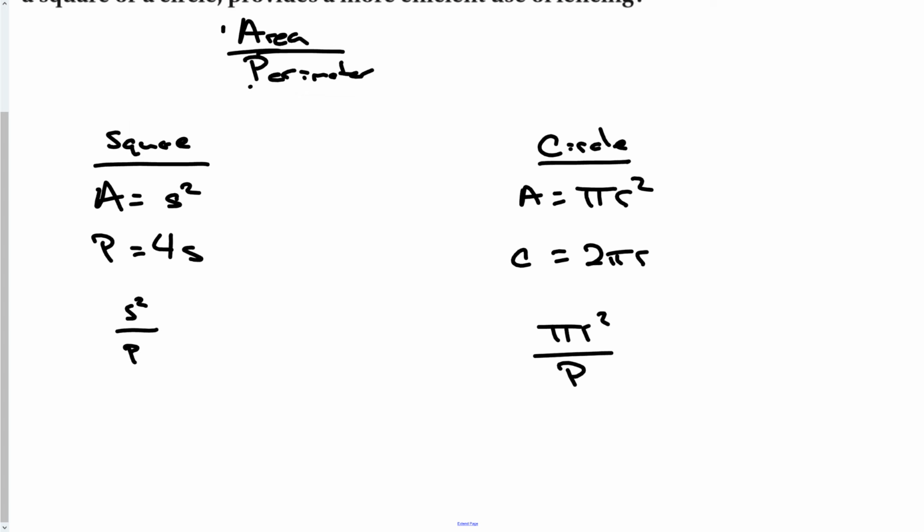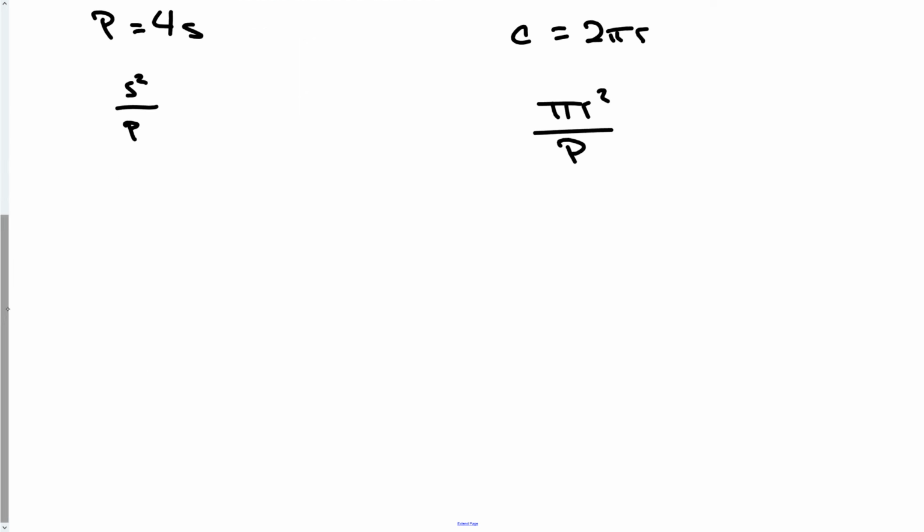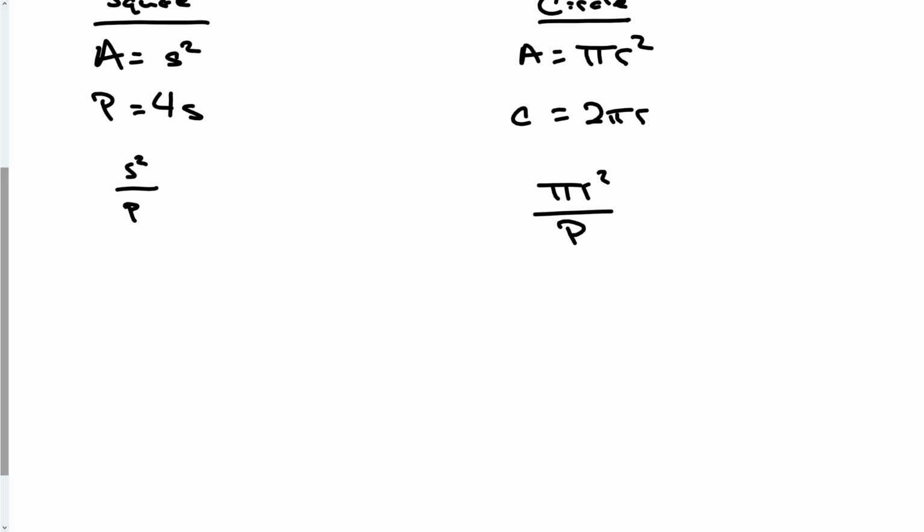Now we're almost to a place where we can compare both of these. If they only had the same variables, we could compare them, and we can do that by solving for p and doing a little substitution, so that s is equal to p over 4.